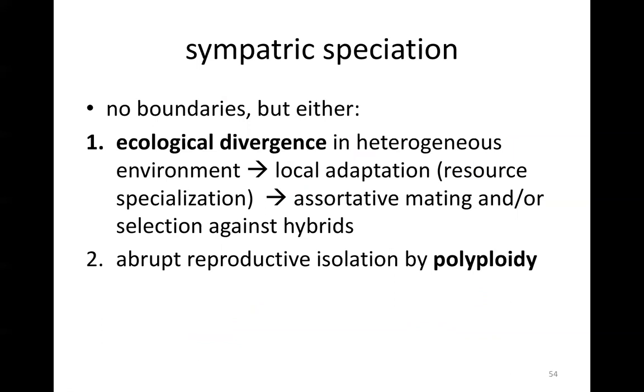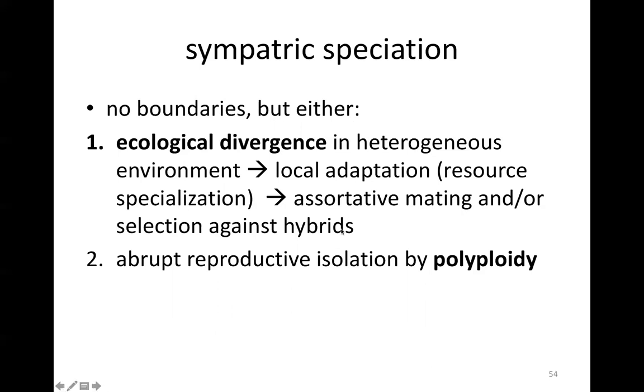So this is a case of ecological divergence in a heterogeneous environment, no boundaries, but environmental heterogeneity, resource heterogeneity, and that leads to local adaptation, so resource specialization. And then you can have assortative mating, selection against hybrids, and gene flow ceasing between the two groups.